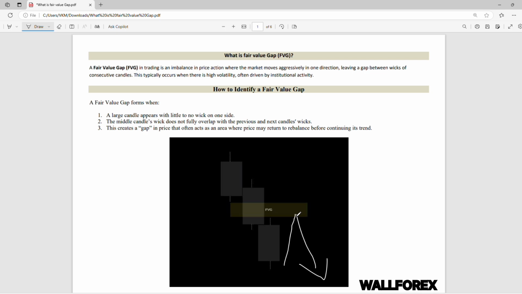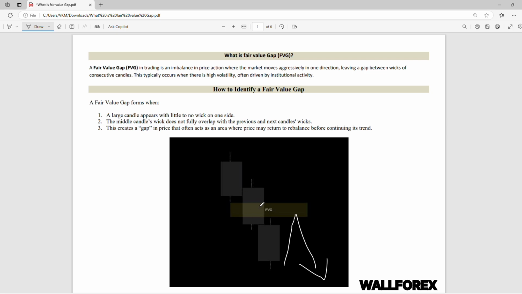A large candle appears with little to no wicks on one side. We can see the first candle and last candle wicks were not overlapping, which creates a gap. That's how FVGs form. The candle wicks were not overlapping, leaving a gap around the middle candle.